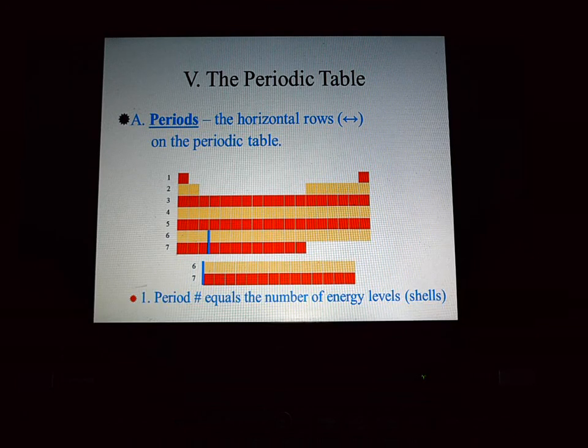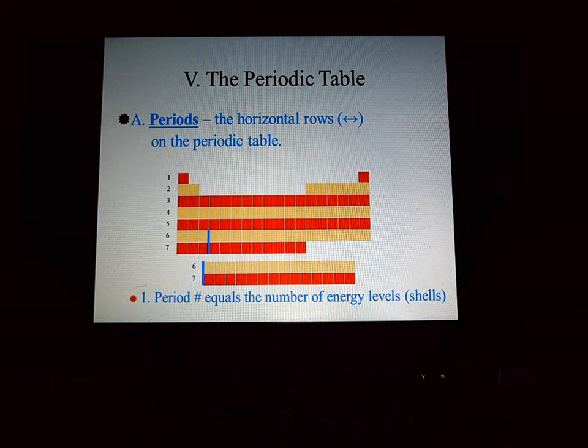It's really important to be able to know what period something's in, and that would be another question on a test. Which one of these is the 4th period element? Count down: 1, 2, 3. It's got to be in that row. Which one of these has 4 shells? 4 shells, 4th row. It goes nicely together that way.